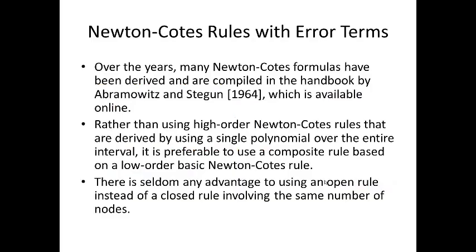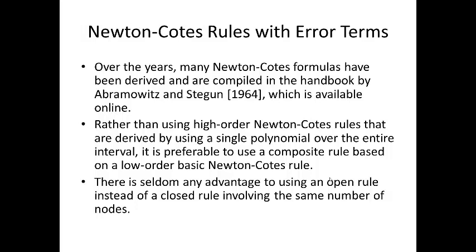So, over the years, there were a lot of Newton-Cotes formulas that were derived and compiled in the handbook. And that's by Abramowitz and Stegun, 1964, and it's available online. So, rather than using high-order Newton-Cotes rules that are derived by using a single polynomial over the entire interval, it's preferable to use a composite rule based on the lower-order ones.